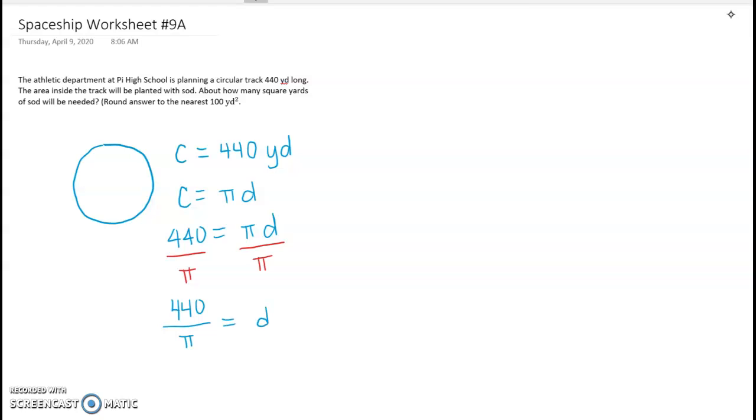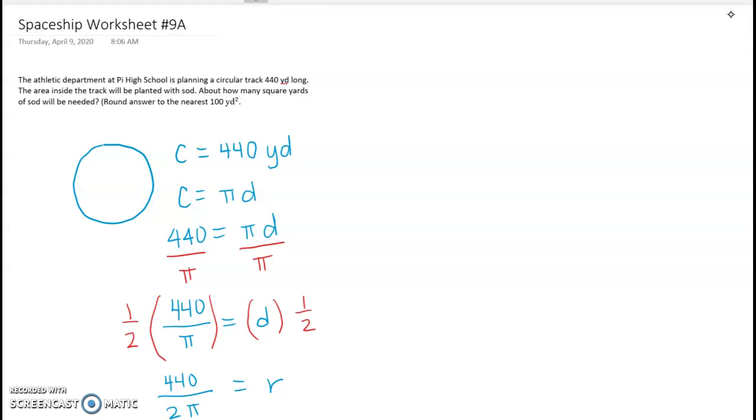And then I'm going to take 1/2 of both of these sides. I'm going to multiply by 1/2, because then I can have the radius. 1/2 of the diameter is equal to the radius. Over here, if I multiply across on these fractions, I get 440 over 2 times pi.